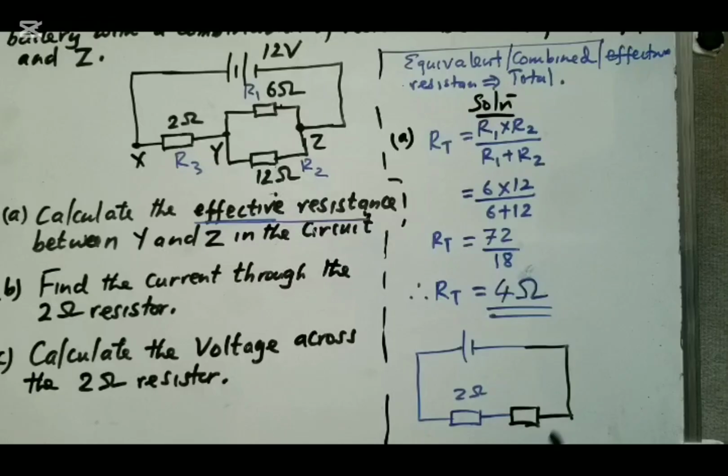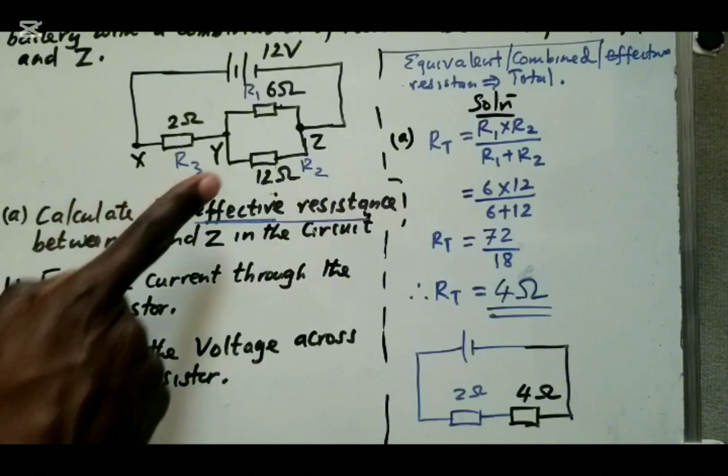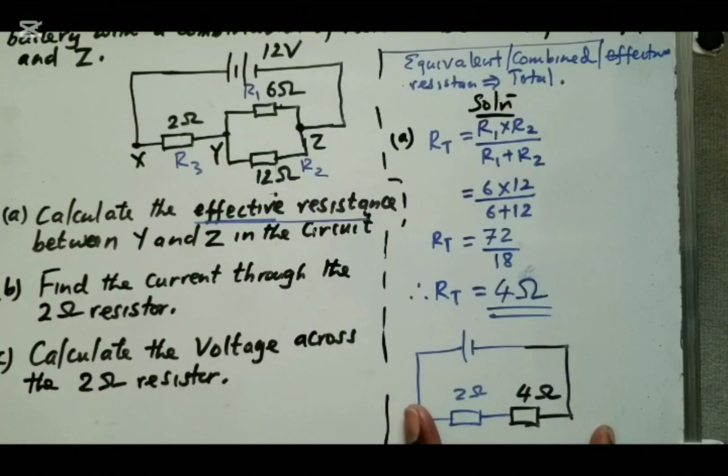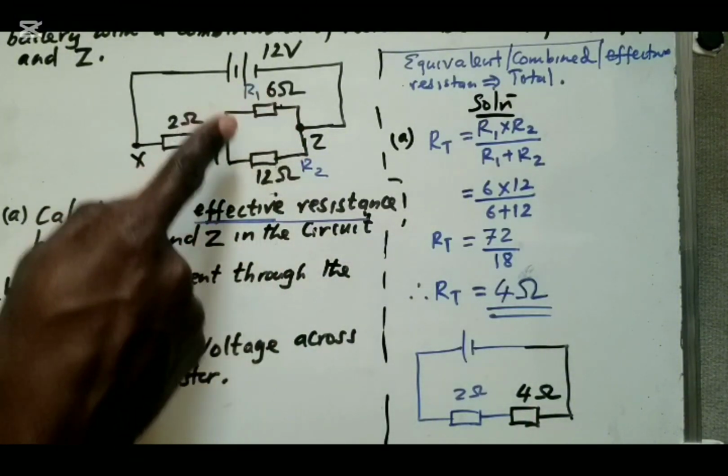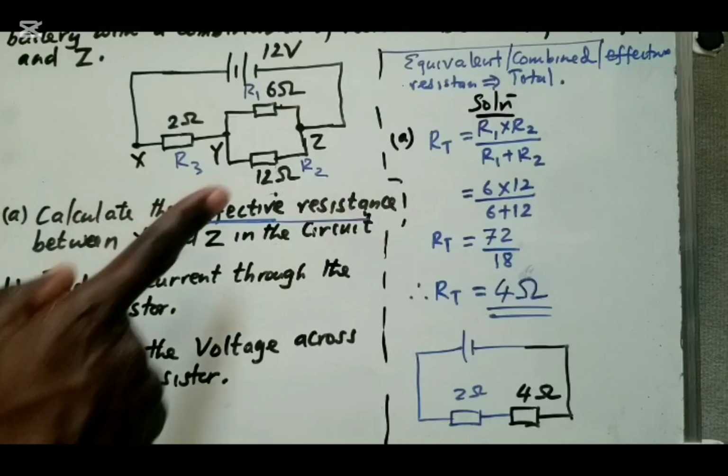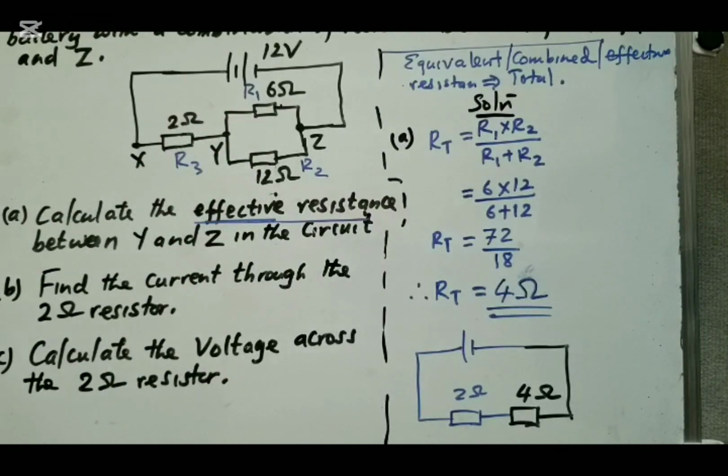I'm now using black. So this will be represented by a 4 ohms resistor. This circuit can now be simplified by that, because we have found the combination of these resistors that are in parallel.